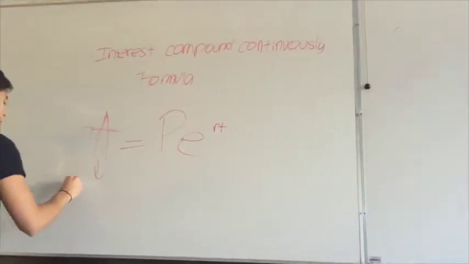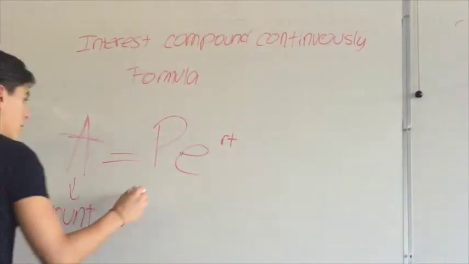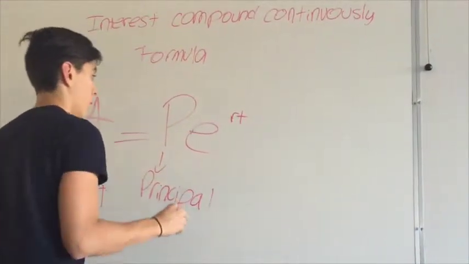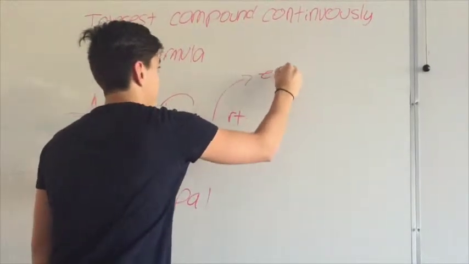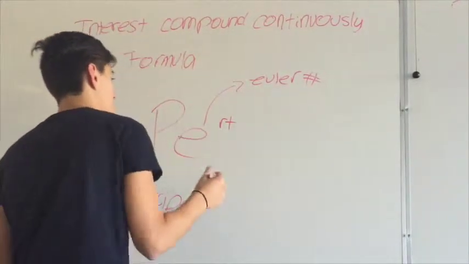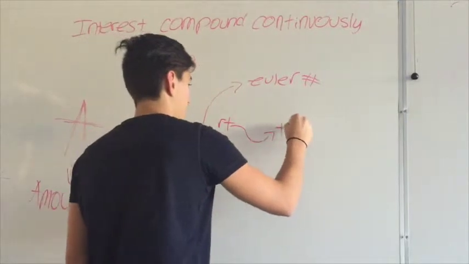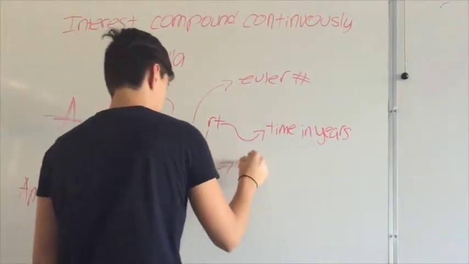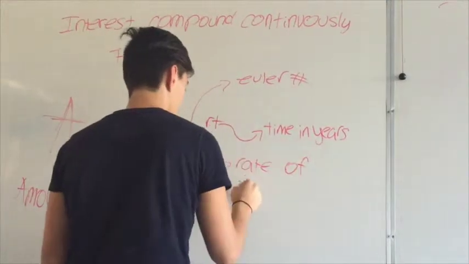A being the amount, P being the principal, e being the mathematical constant e, or the Euler number, t is the time in years, and r is the rate of interest.